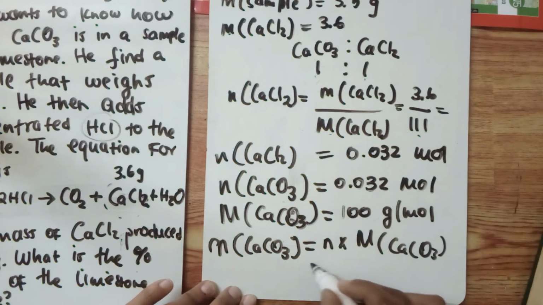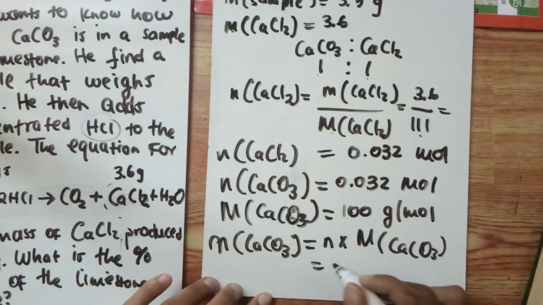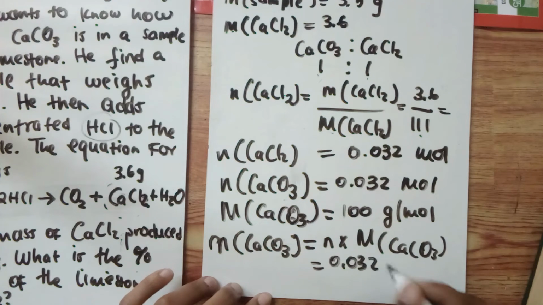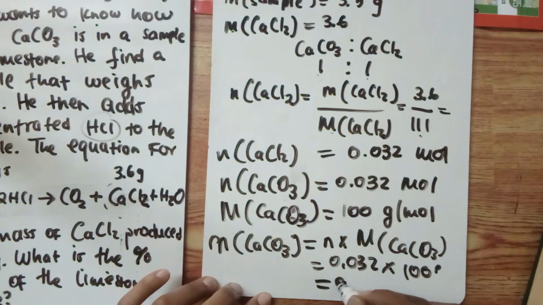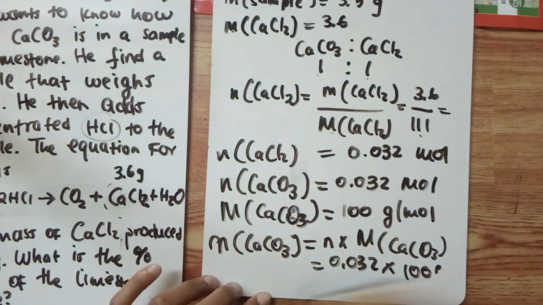The number of moles is 0.032 multiplied by 100, and we find that it's just going to be 3.2 grams.